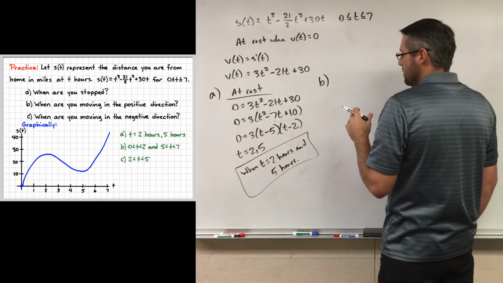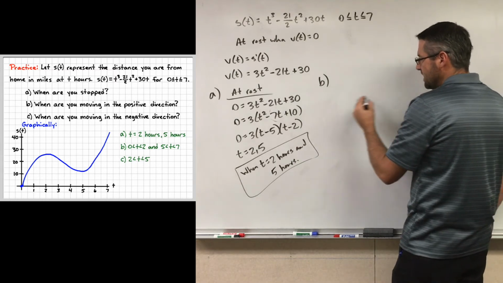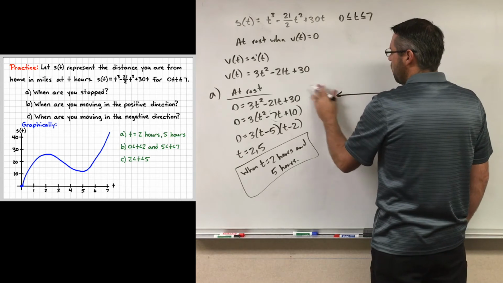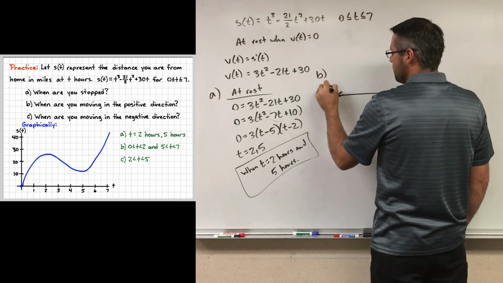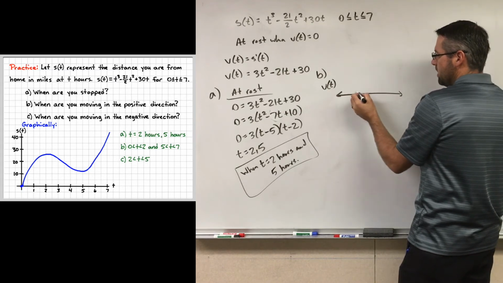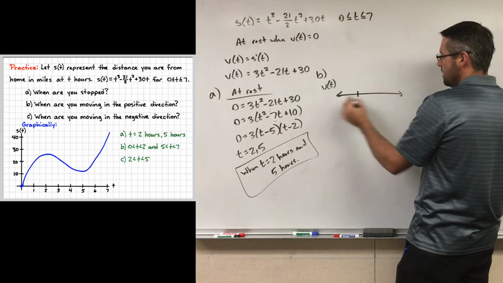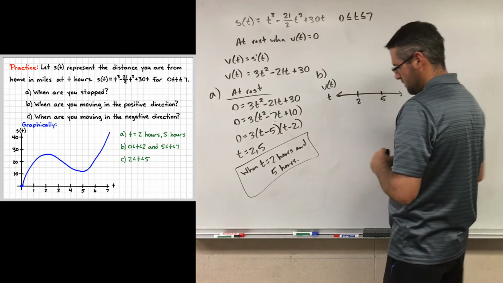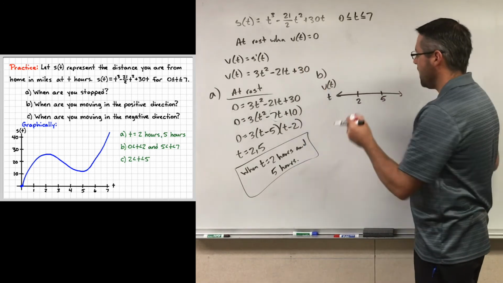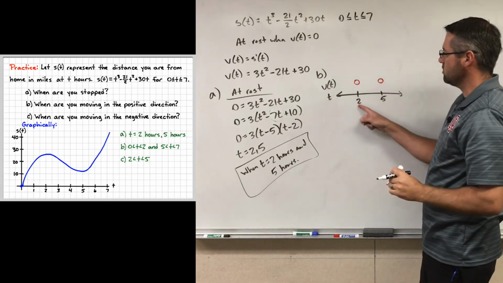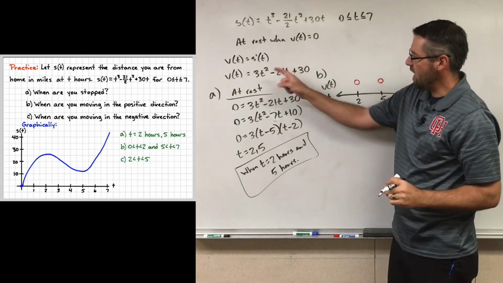So one thing I want to recognize is that if I set up a number line for my velocity graph, just a number line, not an XY graph, when time is 2 and when time is 5, we know that the velocity is 0.